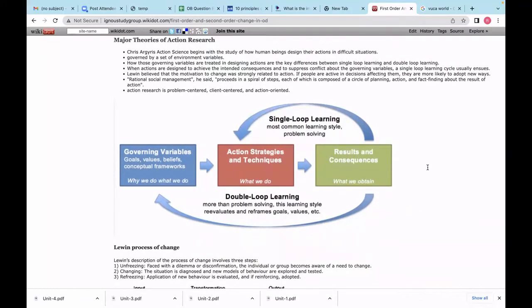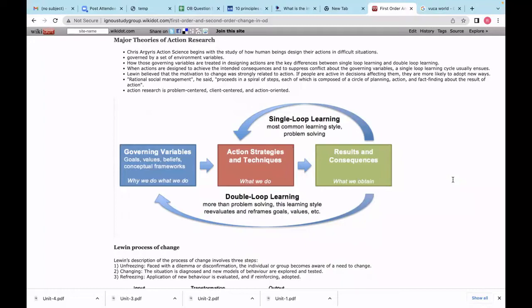The first theory is about single loop learning and double loop learning. We talked about doing the research, right? When you are doing the research, you have some goals, values, etc.: what you want to do, why you want to do it. These are the core aspects of your action.